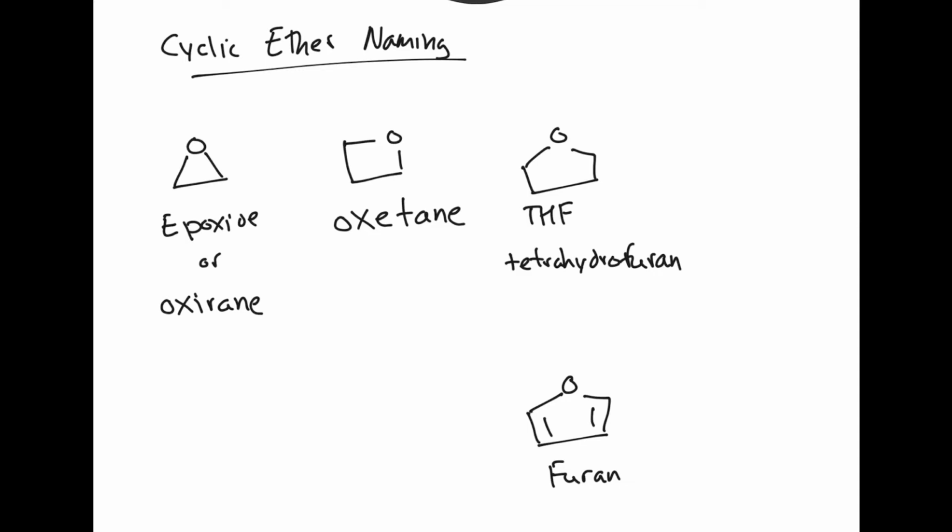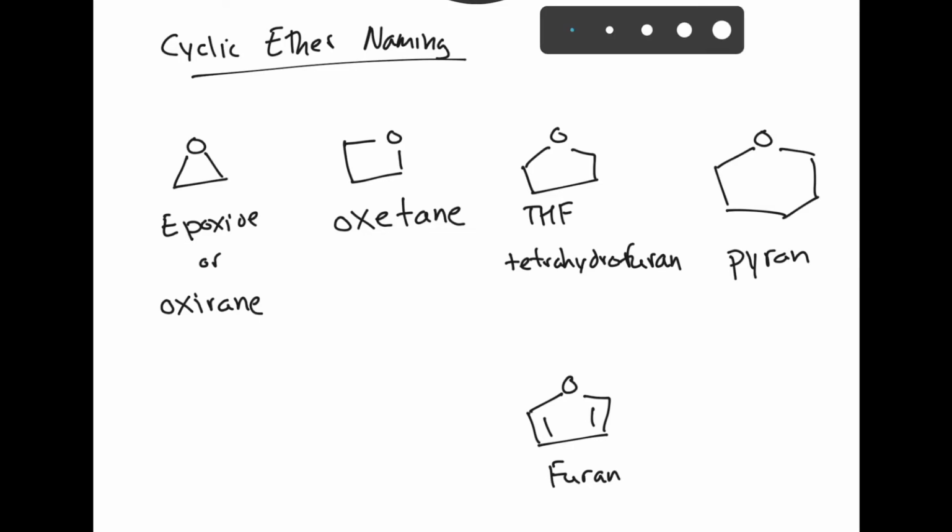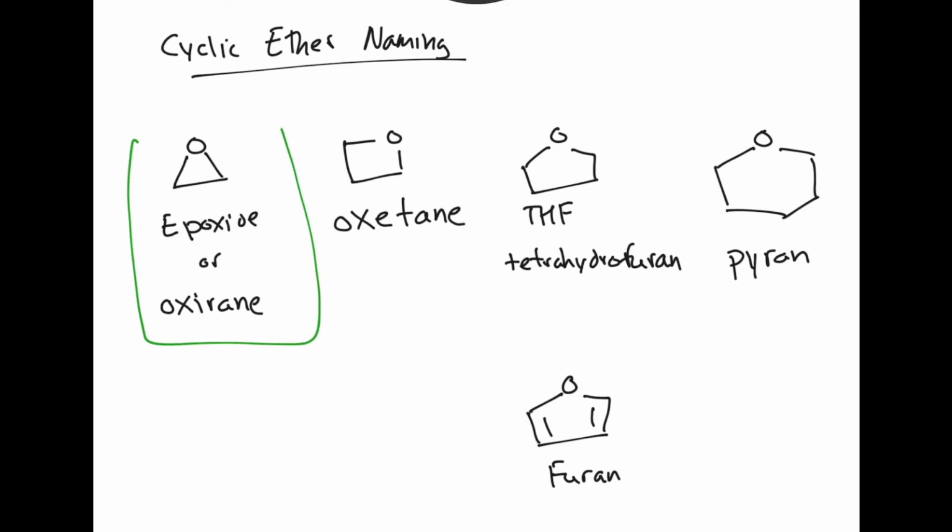And then the last one is pyran, which is a 6-membered ring. We are only going to really focus on naming 3-membered rings.